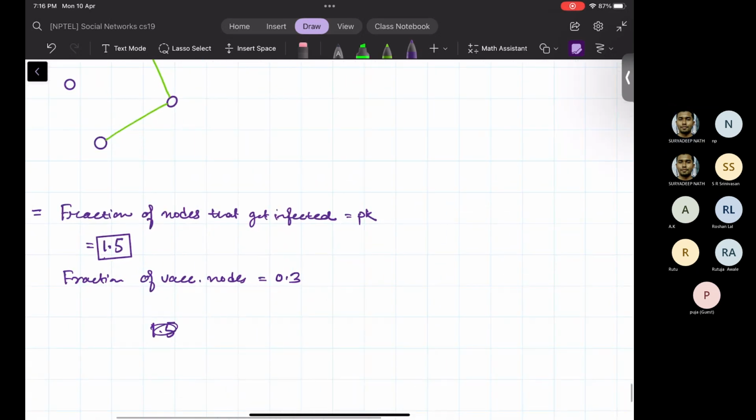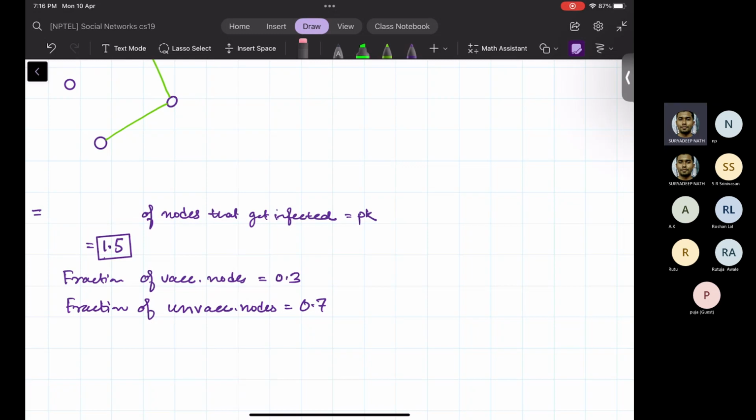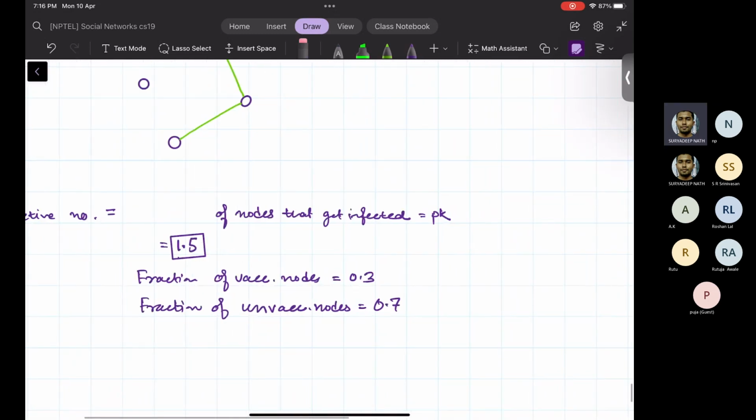the fraction of vaccinated nodes, so this is 0.7. The reproductive number is not exactly the fraction, it is the expected number of nodes that get infected.